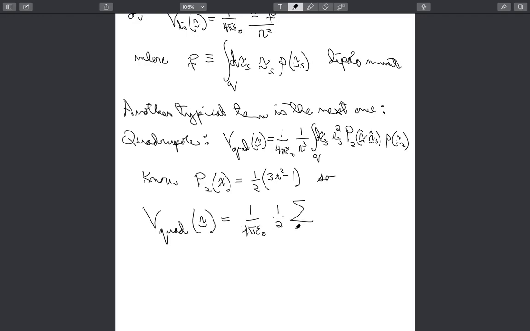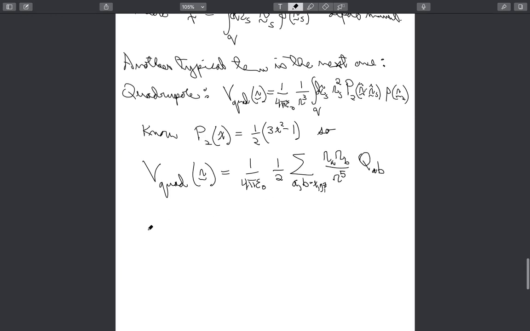The summation over a, b equal to x, y, z of r_a, r_b over r to the 5 now. Yeah, you see, so it goes like 1 over r cubed now, 1 more power of r overall, with an object Q_ab, which is called the quadrupole moment.